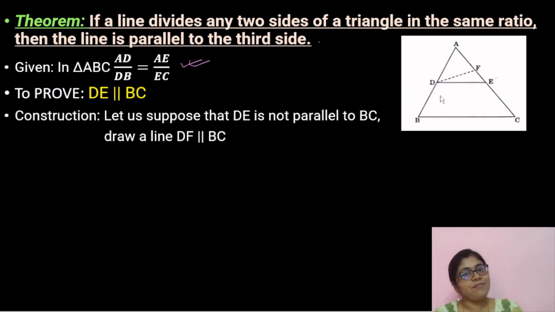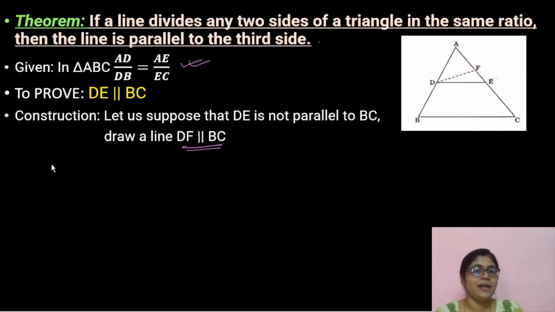So what do we have to do here? We have to draw a line DF here and assume that DE is not parallel to BC, and this DF is parallel to BC. So after proving the previous theorem, what have we proved? If two lines are parallel, that means here we are assuming DF and BC are parallel.